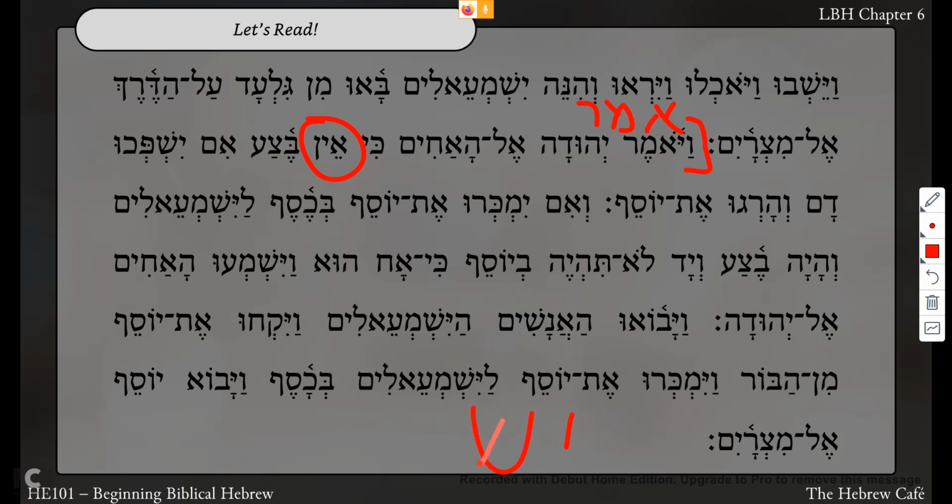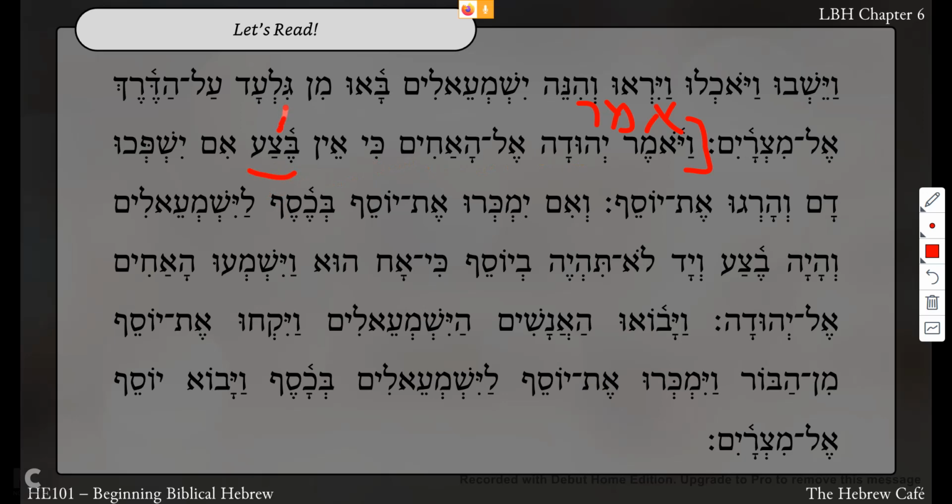Yesh means there is. Ein means there is not. It's a fixed form. There's no plural and singular and all of it. It's feminine and masculine, everything. It's fixed.